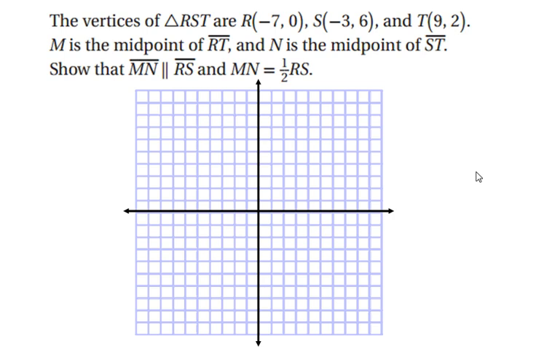Now, if we take a random triangle, RST, and we have points at (-7, 0), (-3, 6), and (9, 2), and if we were to join those together, we have this triangle that's formed with those three points.